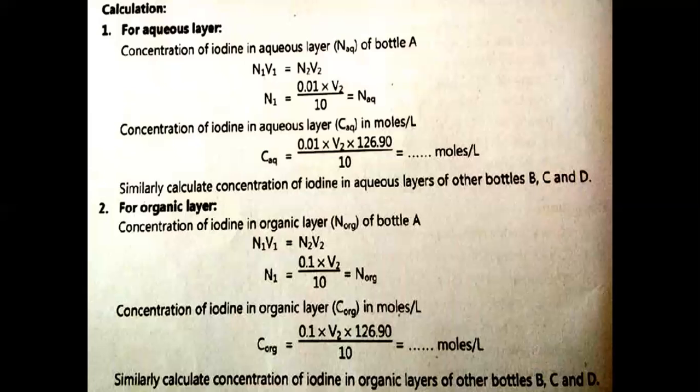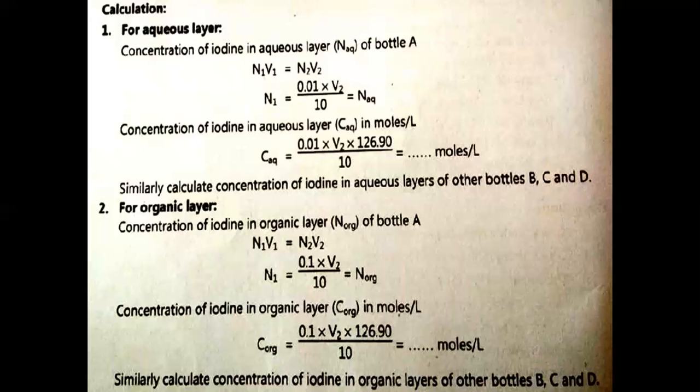For organic layer, concentration of iodine in organic layer, that is N organic of bottle A, calculated by formula N1V1 equal to N2V2. Therefore, N1 is equal to 0.1 multiplied by V2 upon 10.